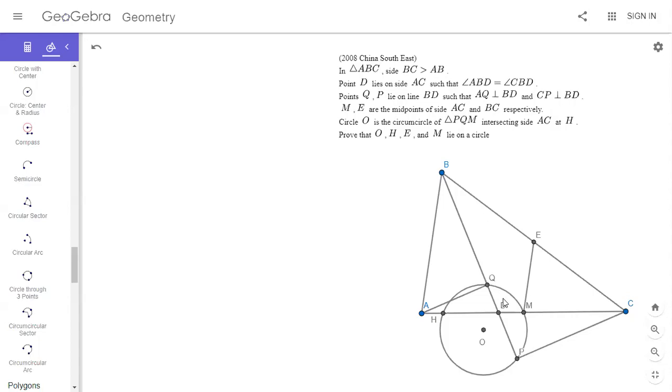All right, let's see. Getting a little confused here. But yeah, I know this is doable.